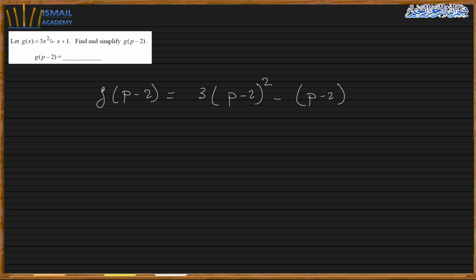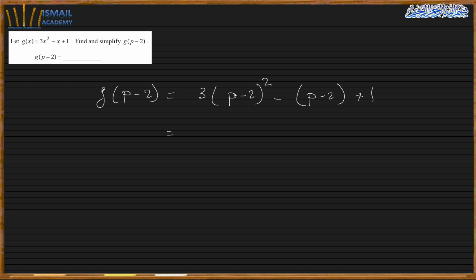Instead of x, which is a variable, p minus 2 is an expression, so each time I want to replace a variable by an expression, I create the parentheses. Even if you have plus, create the parentheses. Get the habit of creating the parentheses when you want to replace a variable by an expression. Here, plus 1.